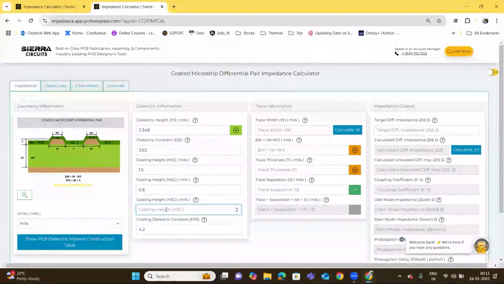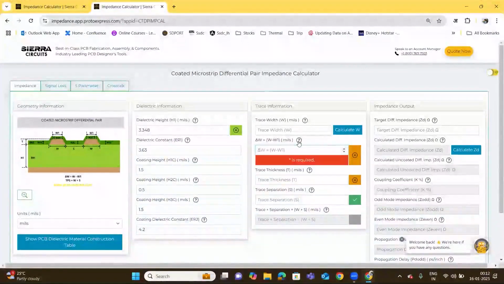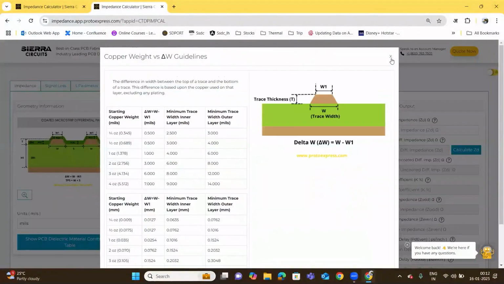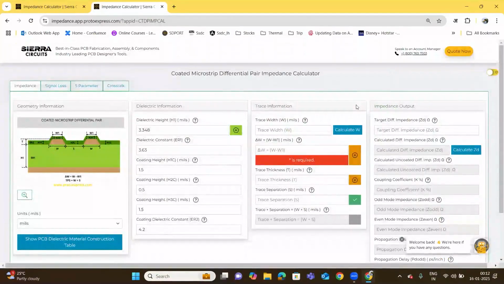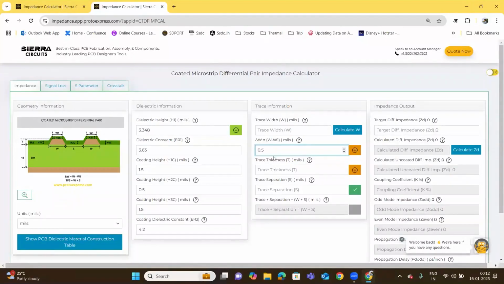Then we have coating height H3C, let's go for 1.5, and similarly coating dielectric constant 4.2, which can be changed, of course. Then we have delta W here. Delta W is the difference between the top of the trace and the bottom of the trace. You can click on this help guide here, and you can see that there are delta W values based on the starting copper weight, and you can use that as a reference. Let's go with 0.5 mils for now.